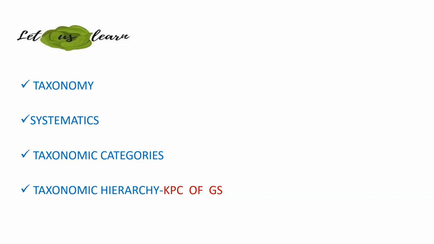Based on this, we'll be understanding how the scientists went on arranging the organisms with regard to taxonomic categories. And also we'll be learning the taxonomic hierarchy, which further led to the systematic arrangement of any organism. Okay, so we'll be learning all these topics in our session.